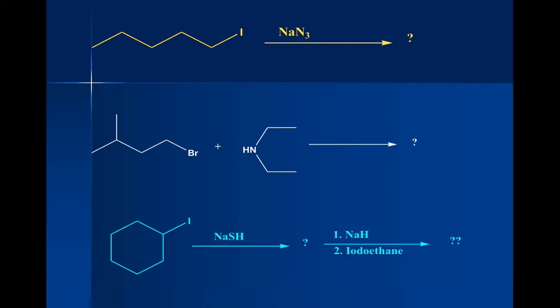And it's a salt. So one of the nitrogens has a negative charge. Overall, the N3 has a negative charge, I should say, and the sodium is positively charged. And what's the product going to be? What happens?